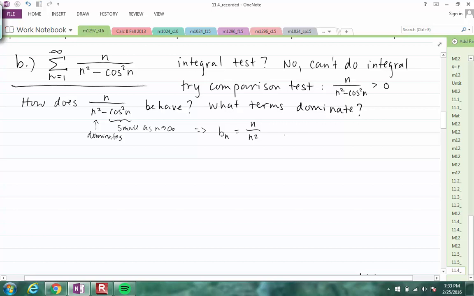Sometimes things can then simplify because it's simpler. And so n over n squared simplifies to 1 over n. So we're taking a guess here that maybe our series behaves like the series of 1 over n.